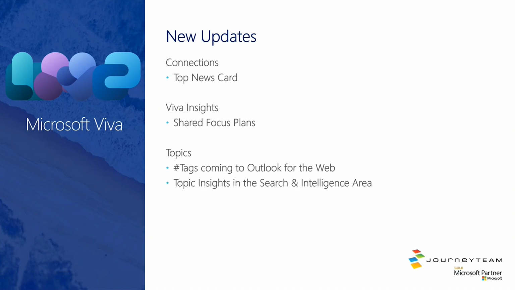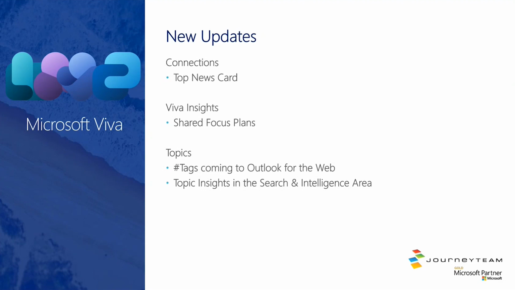And then last, around Viva Topics, I'm super excited about this. Back in the day, one of the key things around Viva Topics was our ability to get the topic cards showing up across multiple interfaces. This is the beginning of that.